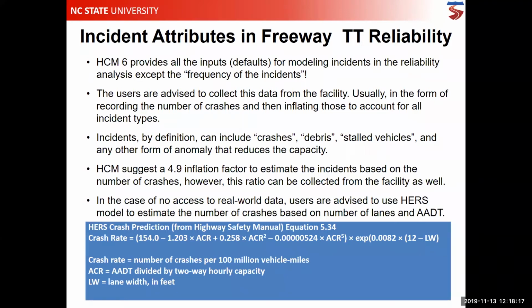We could also, if we don't have the incident data, translate crash data into frequency of incidents using either an inflation factor or using a model like is shown here, to enable us to get to the incident location.